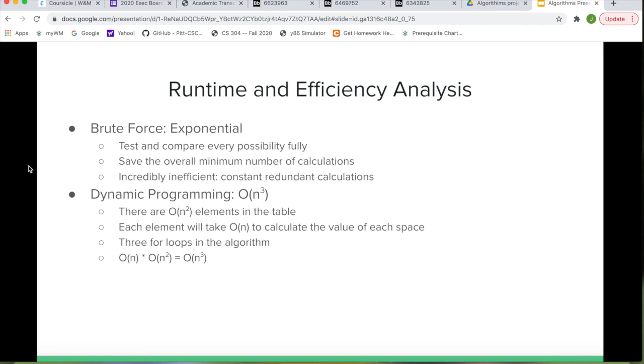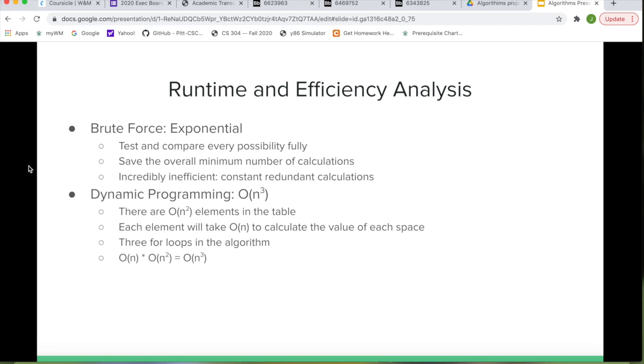So let's look at the optimal solution. The optimal solution comes through dynamic programming, and it comes through a half-filled table of size n by n. Now, we're going to need to calculate this as a big O of n squared elements used in the table. The reason for that is that you've got a total box that's n squared big that you're only filling half of.